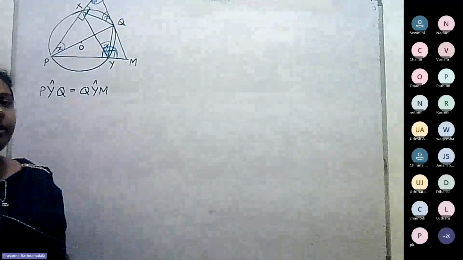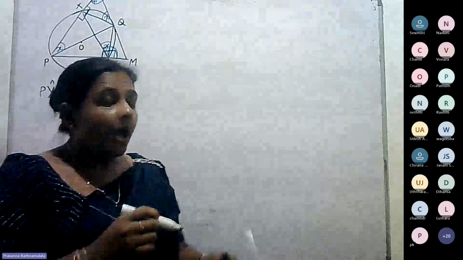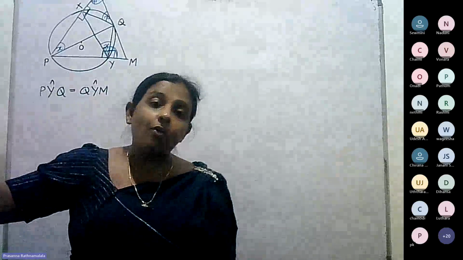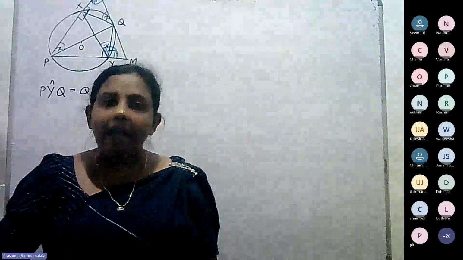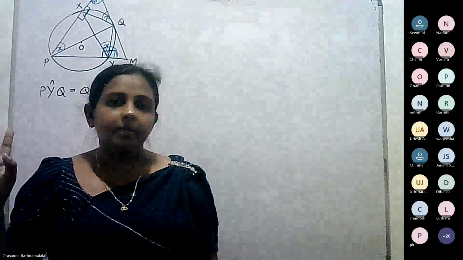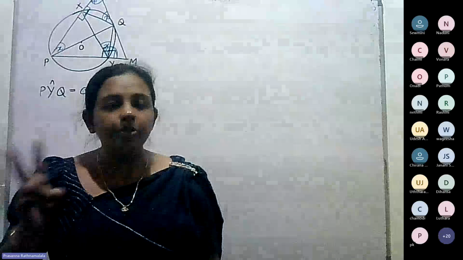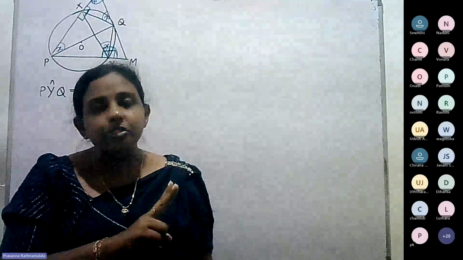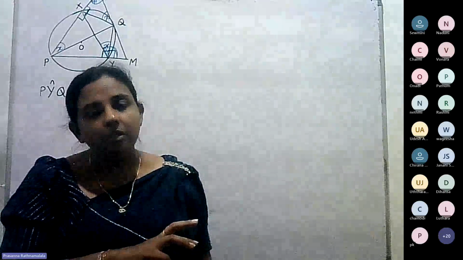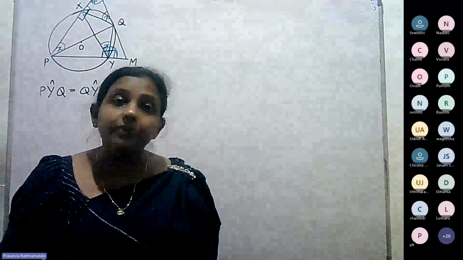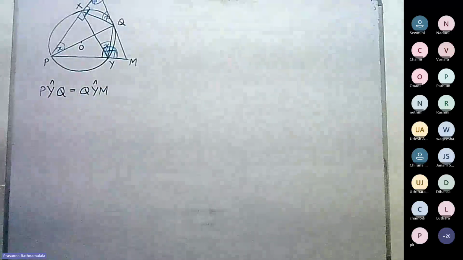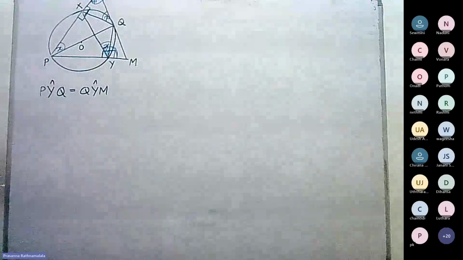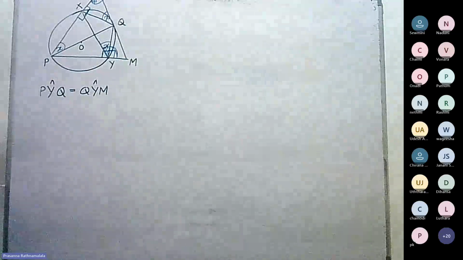There is no need to show that all three angles are equal to the three angles of another triangle. You take only two angles, and the remaining one will also be equal. So we show that two angles of one triangle are equal to two angles of another triangle. One is given. Then what is the other one? We find the remaining one.